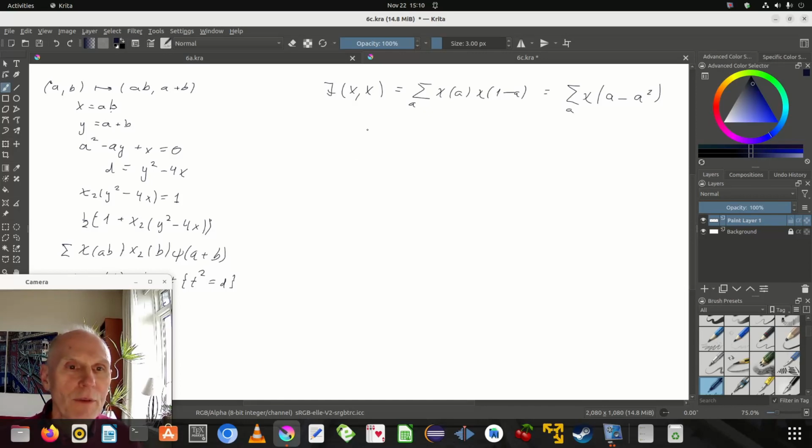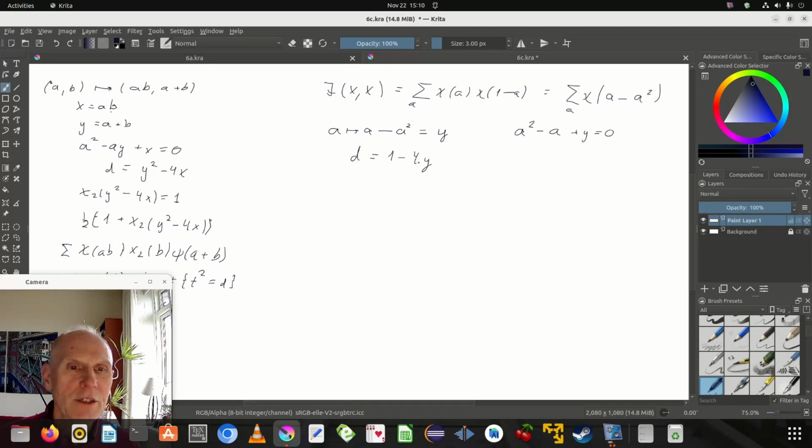And again, we have the map. A maps to a minus a squared, which we call y. That's a second order equation with discriminant 1 minus 4y.